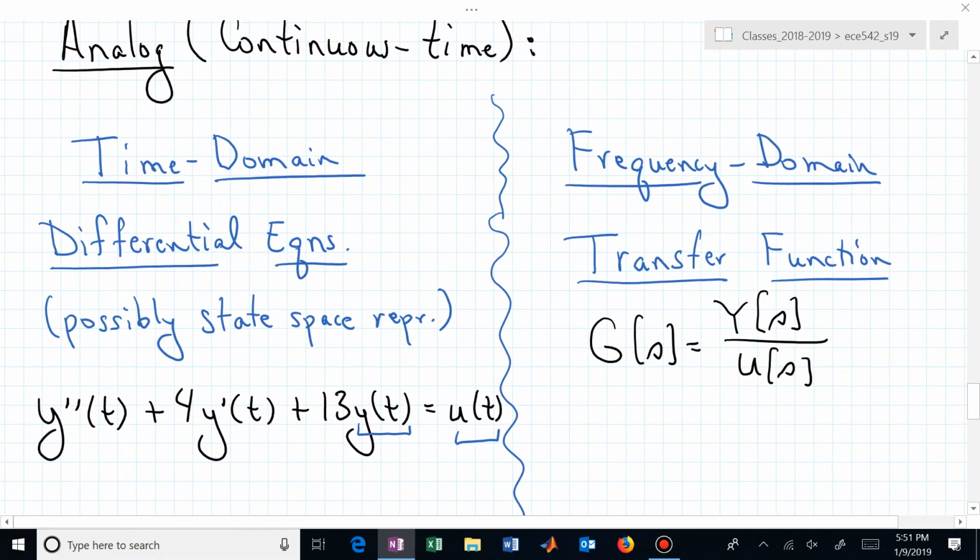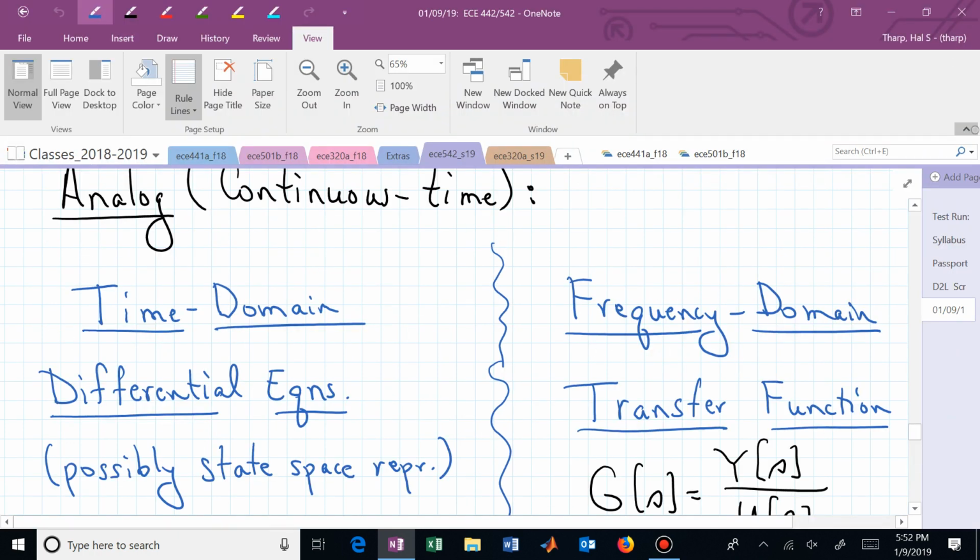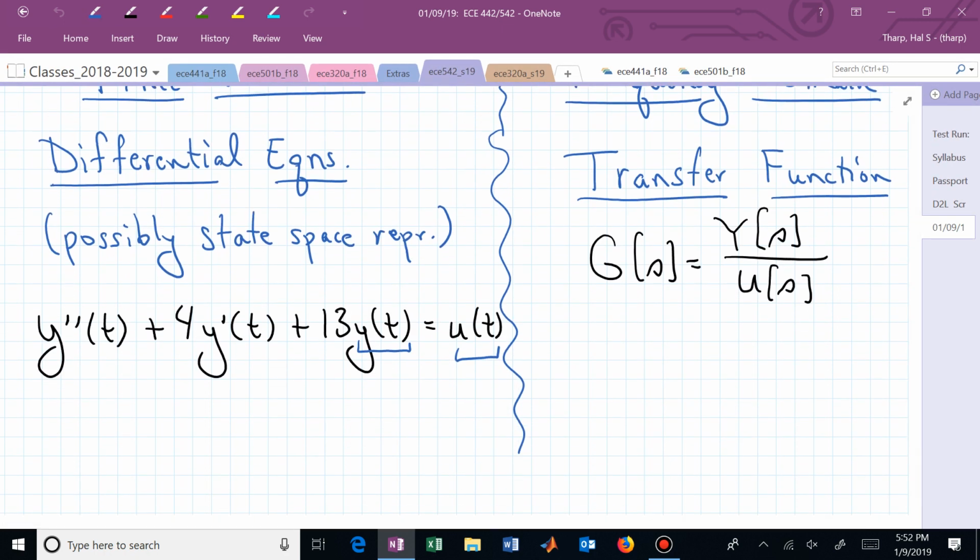For example, suppose that you have modeled a system and it is governed by this differential equation: y double prime, the second derivative of y with respect to t, plus 4 times the first derivative of y, plus 13y is equal to u of t, where y of t is the output and u of t is the input.